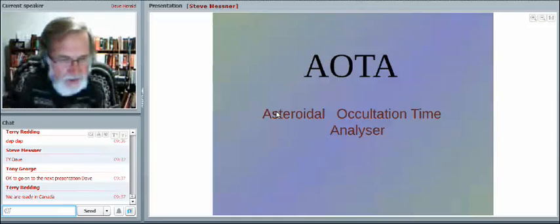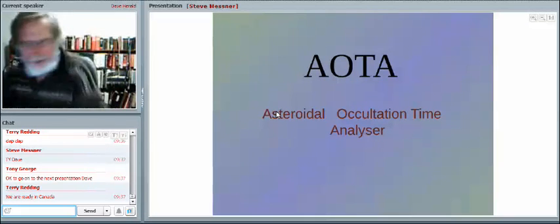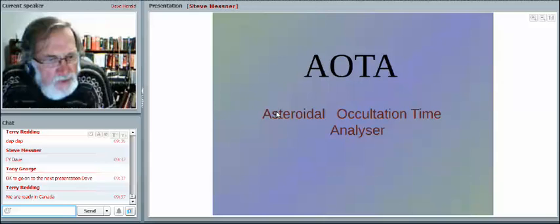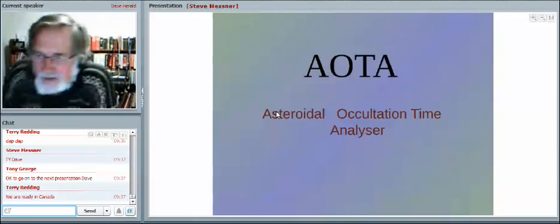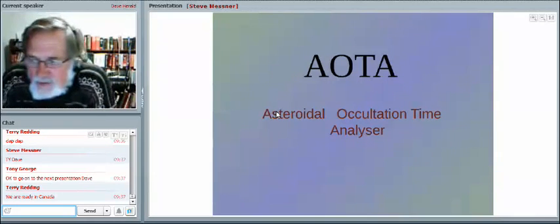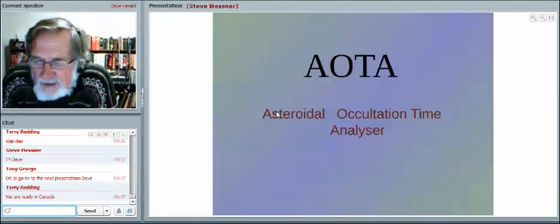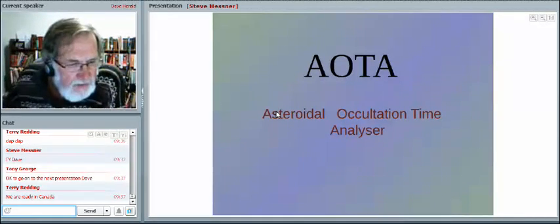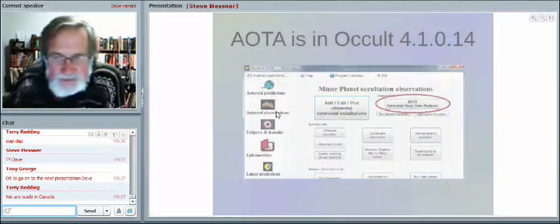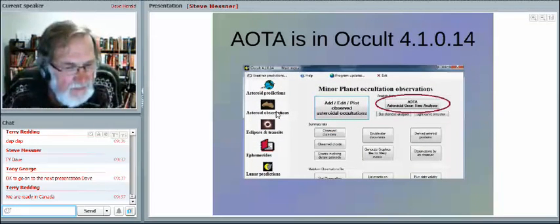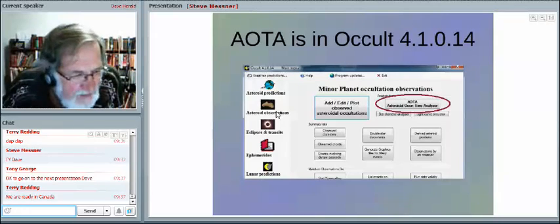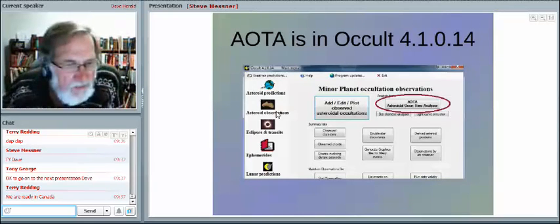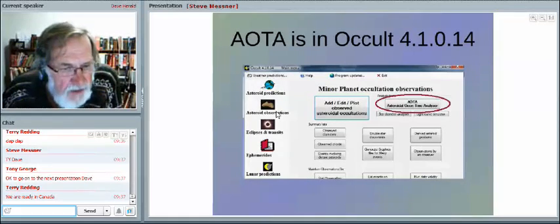In the latest release of Occult, I've included a new bit of functionality called AOTA, Asteroidal Occultation Time Analyzer. And if you go into the next slide, that's where you'll find it in Occult.